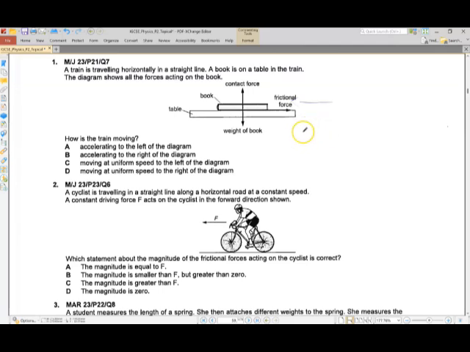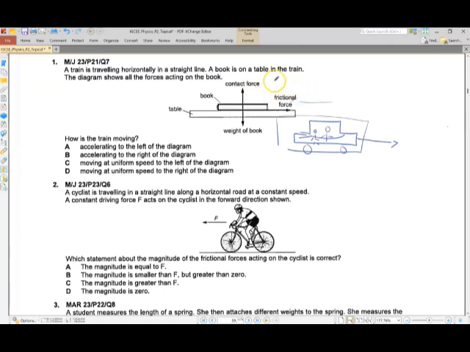Let me explain it this way: if you are sitting in your car and it is stationary, once the car starts to move or accelerate forward, you will suddenly move backwards. When the car starts to accelerate, you just move in the backward direction. So this is the case being discussed over here as well.